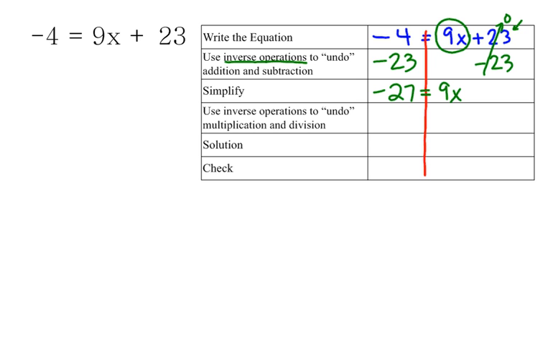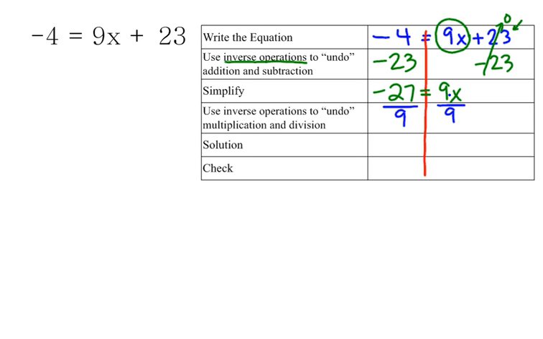Now I need to use inverse operations to undo the multiplication and division. Well, this actually says 9 times x. There's an invisible multiplication sign there that you don't see because I'm lazy and I don't write it, but you know that that is times 9. And the opposite of times 9 is divide by 9. What I do on one side, I do to the other.